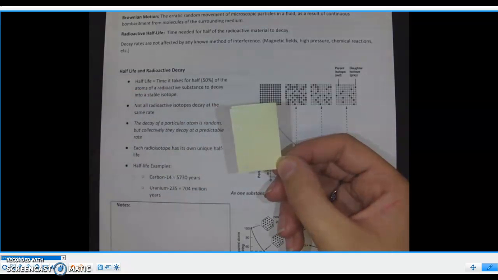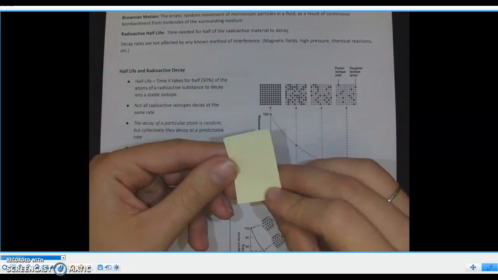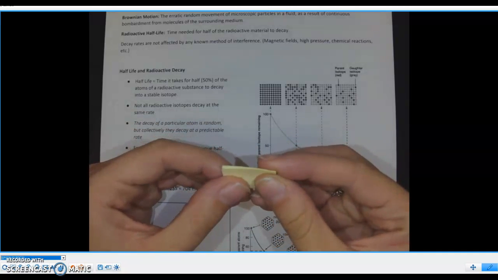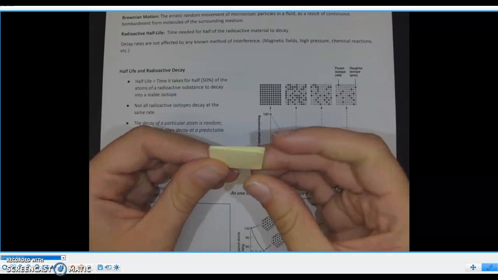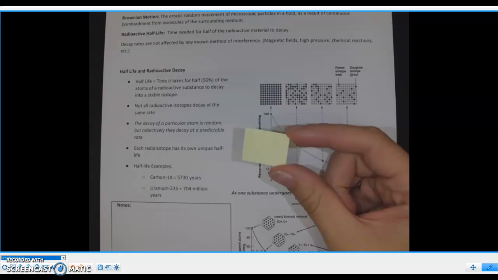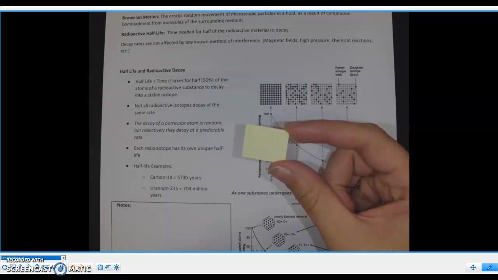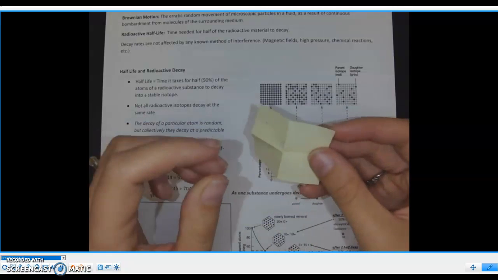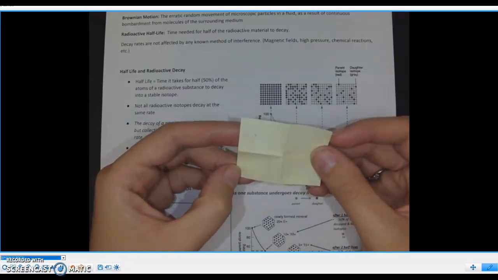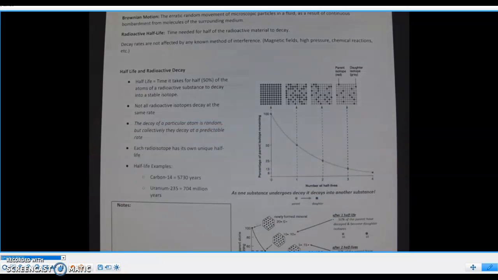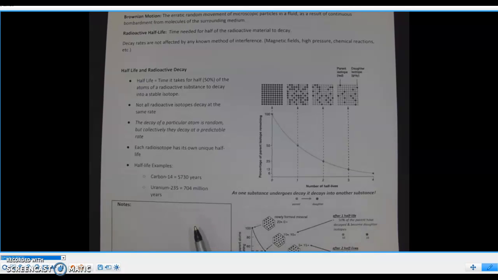Now, the second half-life occurs, so half of this will now decay and turn into a stable isotope, and we are left with a fourth of the original amount that we had. Notice we're left with a fourth of what there was, and that was after reaching the second half-life.